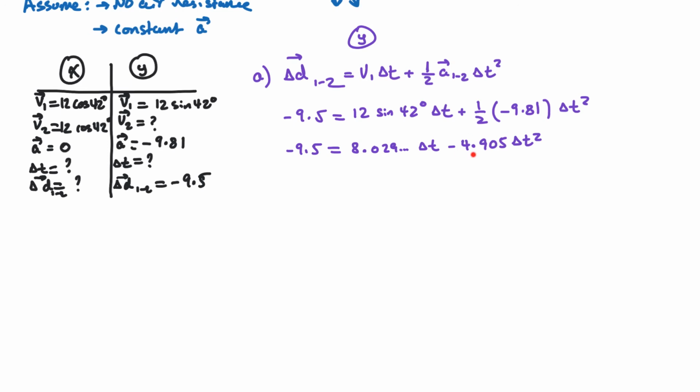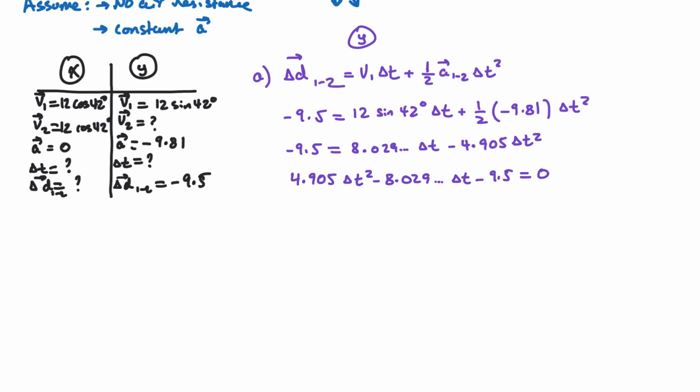So I'm going to add this to both sides and subtract this from both sides, and I will get 4.905 delta t squared minus 8.029 delta t minus 9.5 is equal to 0.